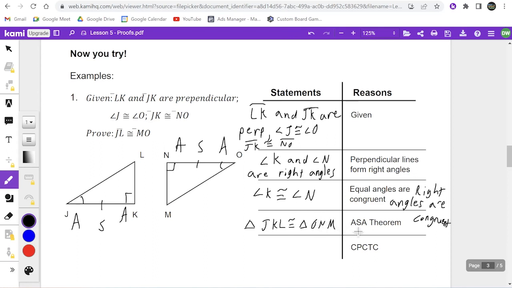And technically the order matters as long as you match up the vertices between these two triangles. They are congruent. And then the very last thing, once you prove that the triangles are congruent, you use CPCTC, and you can just abbreviate it like that, that's fine, to say the last statement, which should always be the proof statement. The proof statement should always go last, and that is line segment JL is congruent to line segment MO.